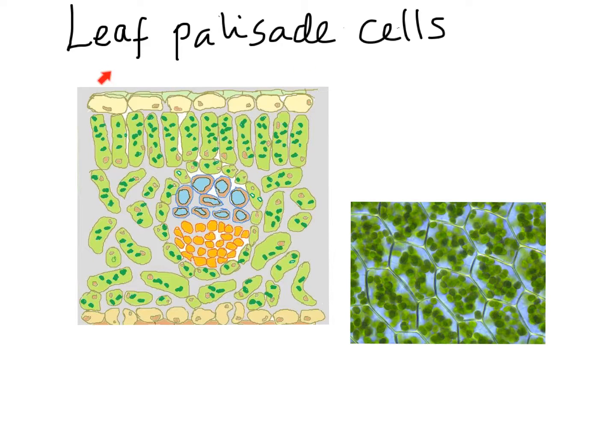As you can see, sunlight falls straight onto these cells, the top layer of the cells, and you'll also notice that they have more chloroplasts than here. More chloroplasts mean maximum absorption of sunlight, which means more photosynthesis. So that is a special adaptation of these palisade cells.